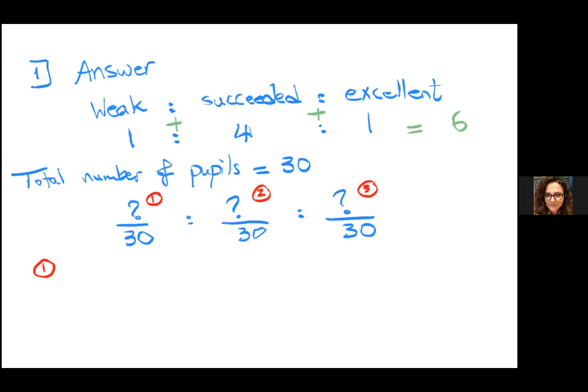So we put the ratio, which is 1/6, to something over 30. And then we do the cross multiplication. So this question mark, or the number of weak students, is equal to 30 multiplied by 1 divided by 6. This is equal to 5. This is the number of the weak students.